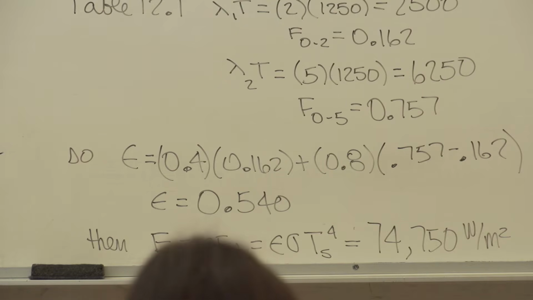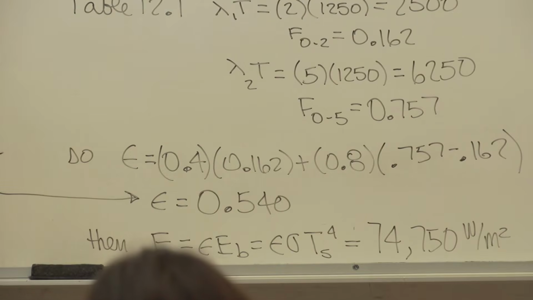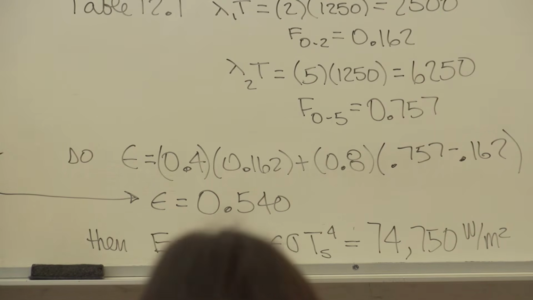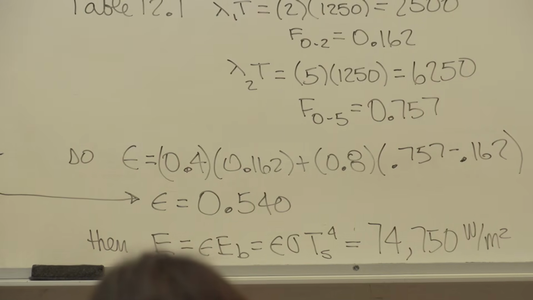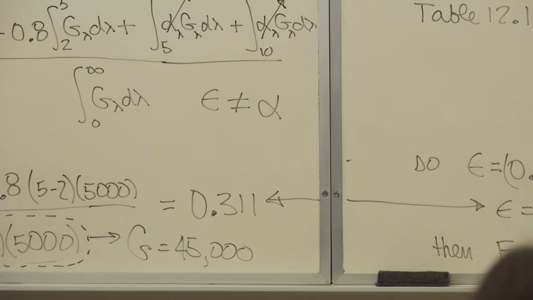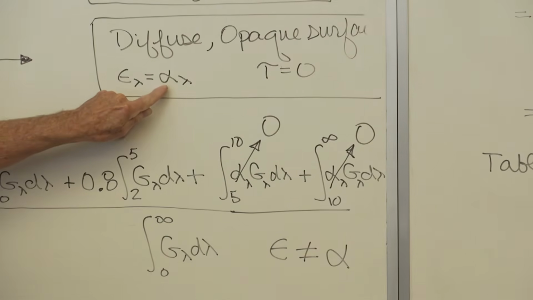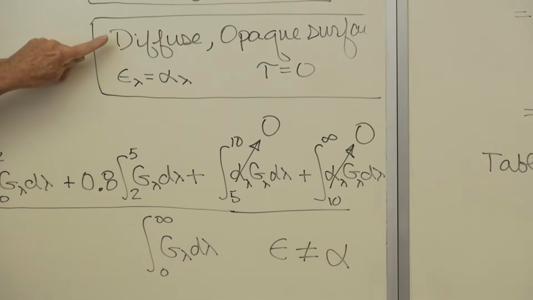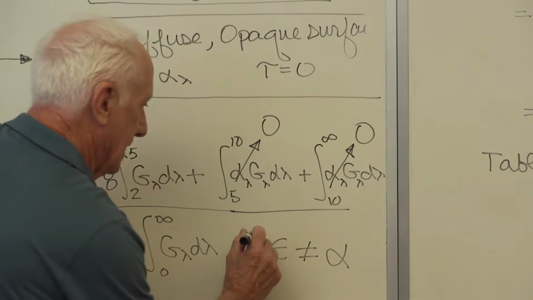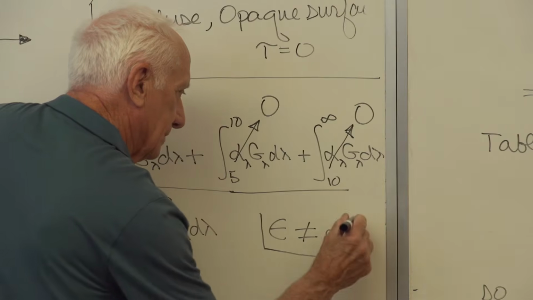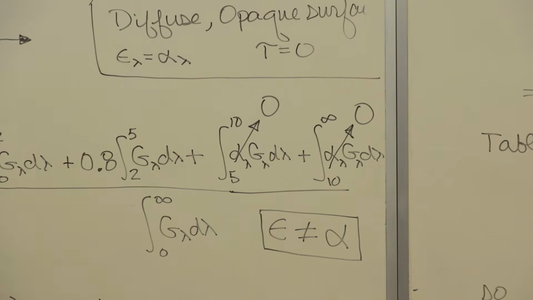Now, notice one thing: epsilon is not equal to alpha. But notice epsilon lambda equals alpha lambda because of the word diffuse. But epsilon is not equal to alpha because we didn't see the magic words gray surface.